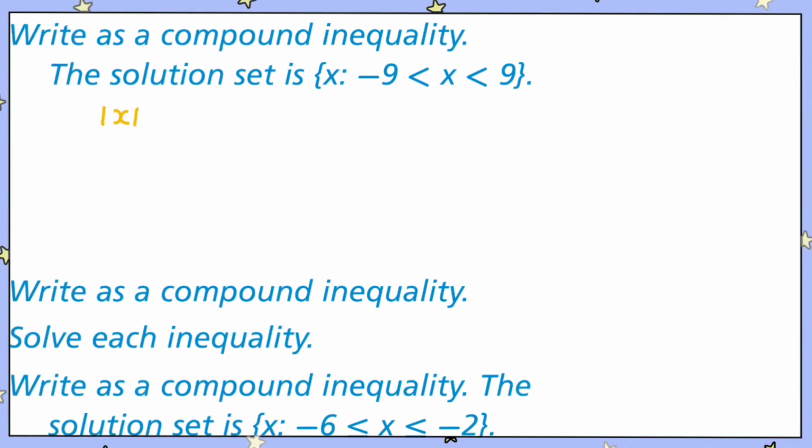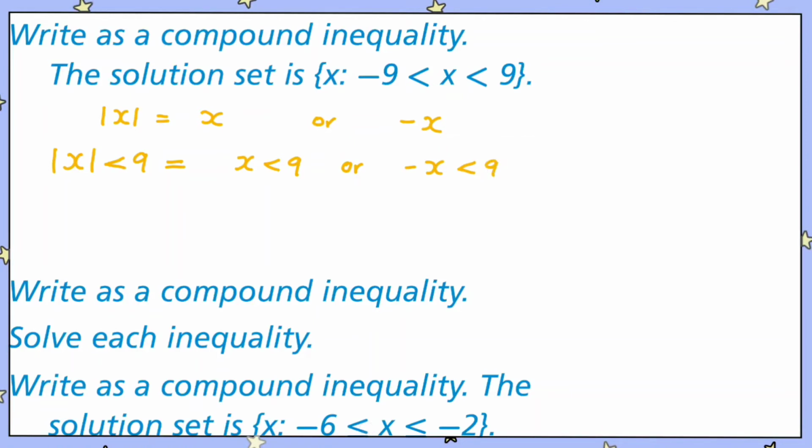Recall now that whenever we have an absolute value, that number within the absolute value bars in reality could be either positive or negative, right? So it means that when the absolute value of x is less than 9, we can expand that to say that either x itself is less than 9 or minus x is less than 9.